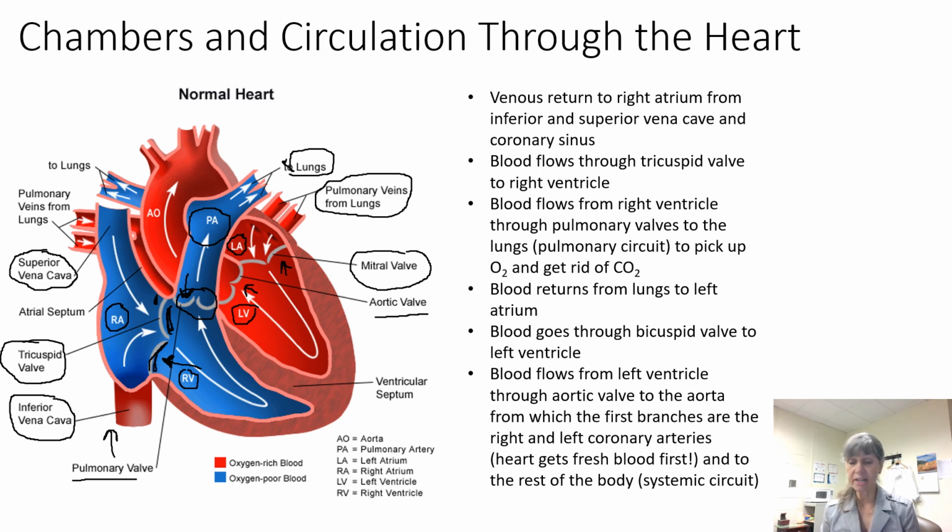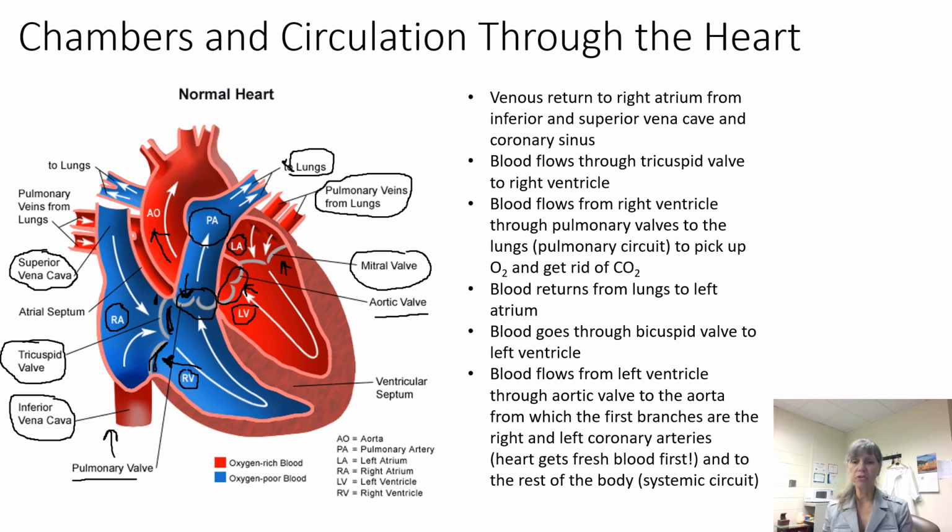And if you think about it, it's important because the heart has to beat 24 hours a day, 7 days a week. So the heart gets it first, and then it continues throughout the rest of the body, which is the systemic circuit. And once blood flows into the aorta, the pressure of that blood in that blood vessel is what closes the aortic valve behind it so it can't wash backwards.